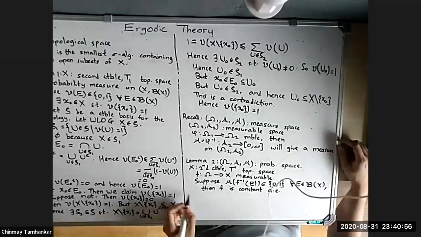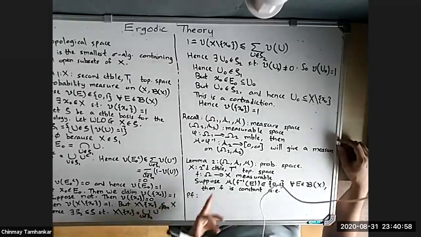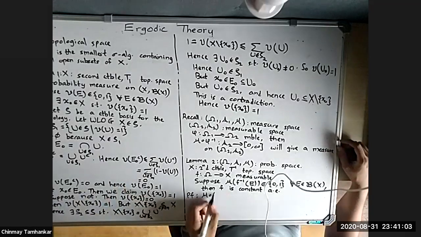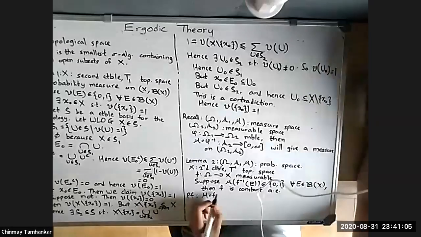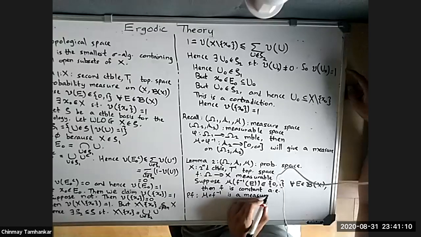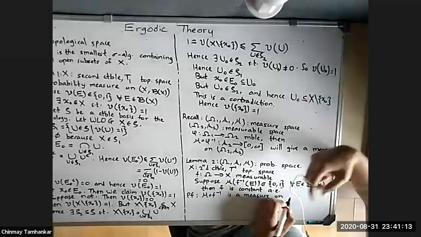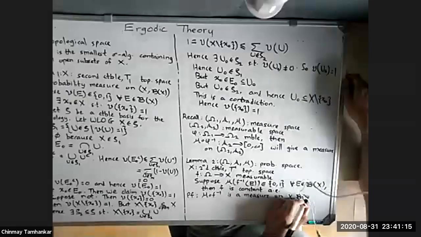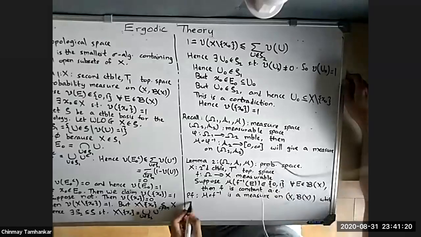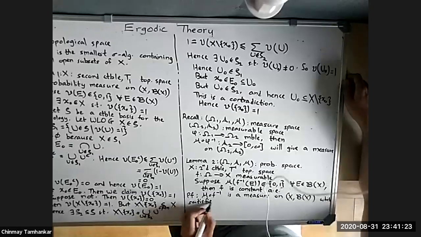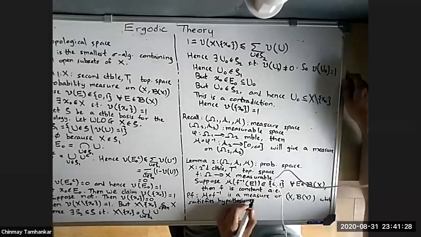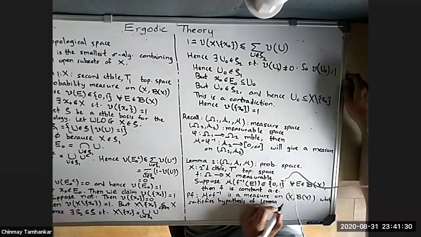So you can see that this thing follows directly from the first lemma. So what we do is we take, from this remark above, mu composed f inverse is a measure on X, dX, which satisfies lemma 1.